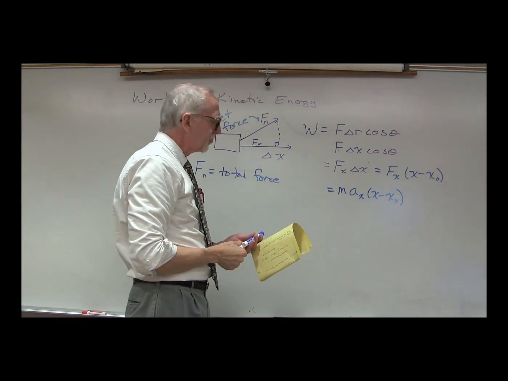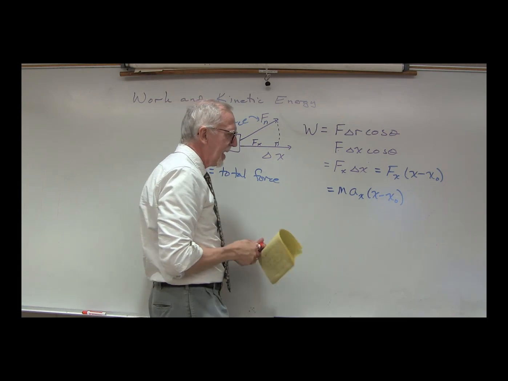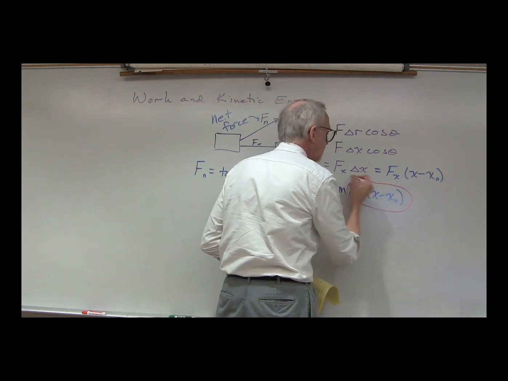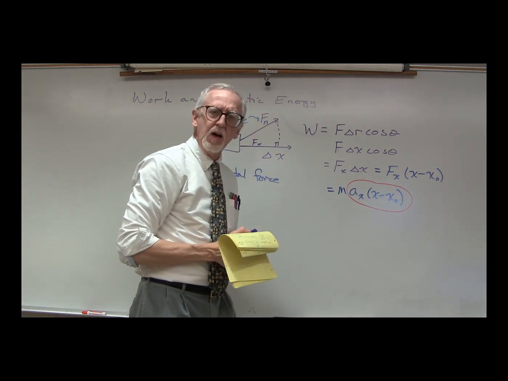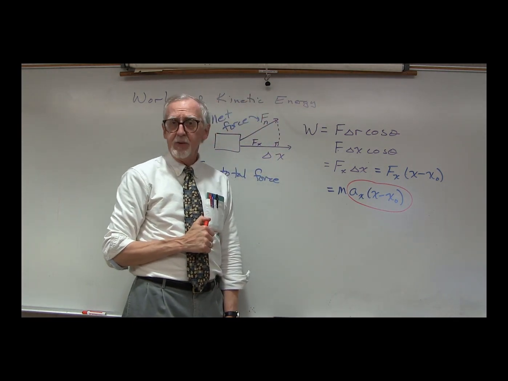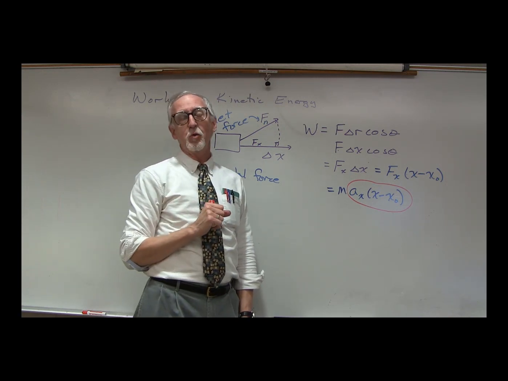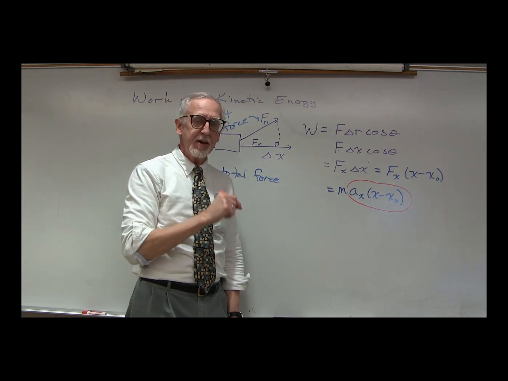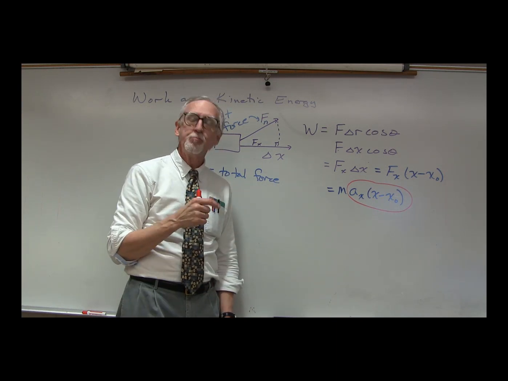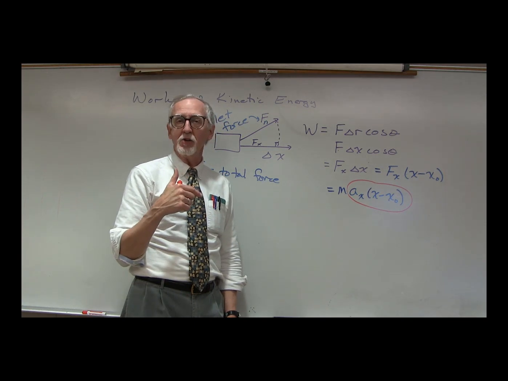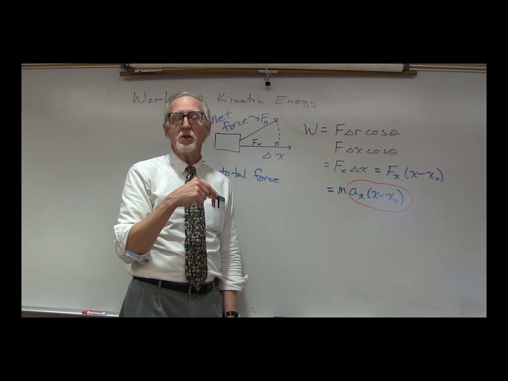All right, very good. Now, let's look at this little piece right here. a sub x times x minus x naught. Hopefully that looks a little familiar to you. We have seen that combination of quantities before. a sub x times x minus x naught. Where have we seen that? Can you remember? It's actually in the fourth kinematic equation when we were looking at two-dimensional kinematic equations.